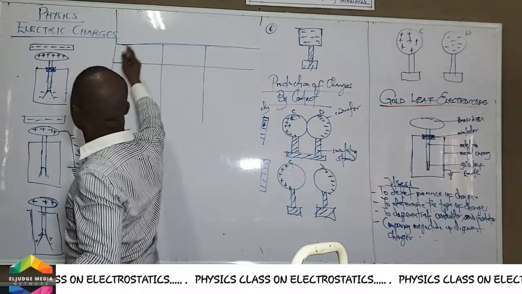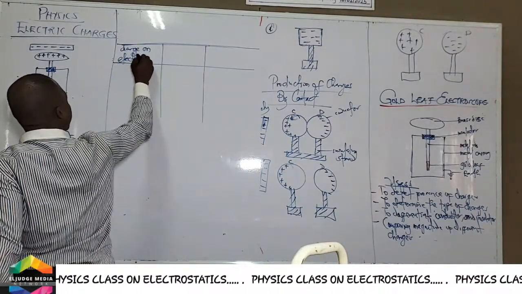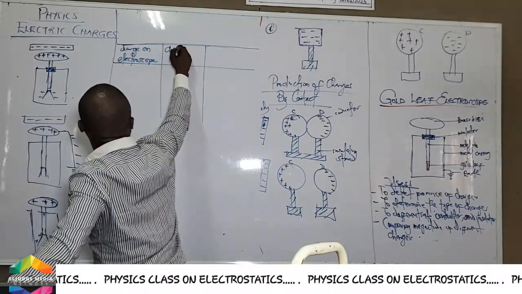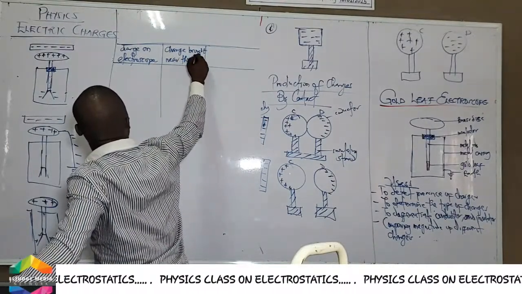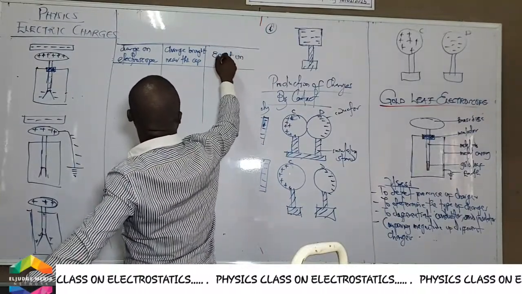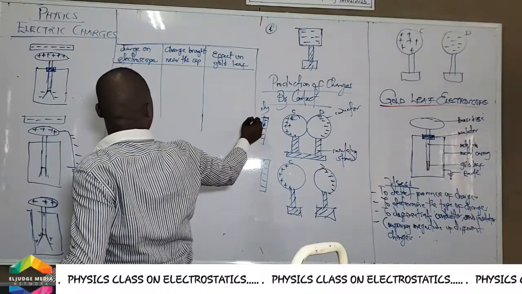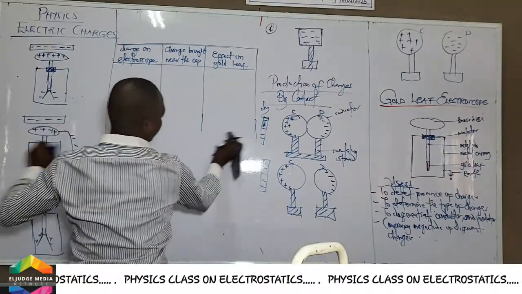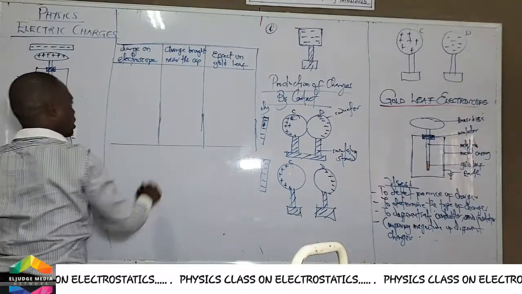So the first column, let's say charge on electroscope, then charge brought near the cap, and also effect on the gold leaf. So this is a kind of summary, instead of drawing all this in different cases. So let's summarize all this in a table.